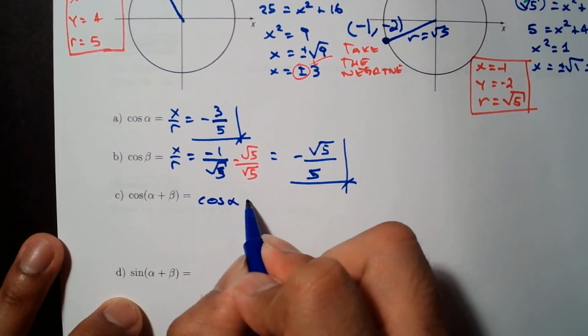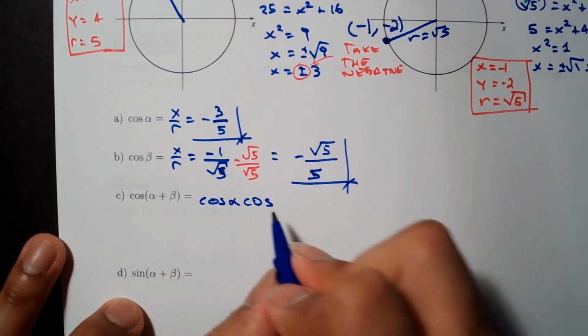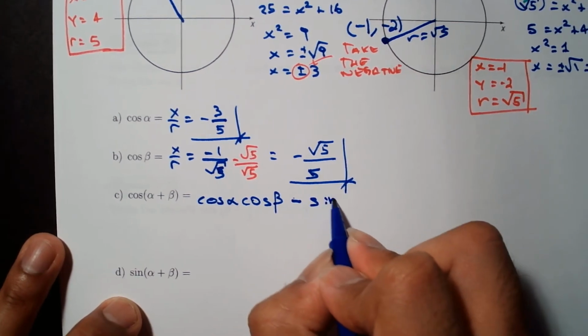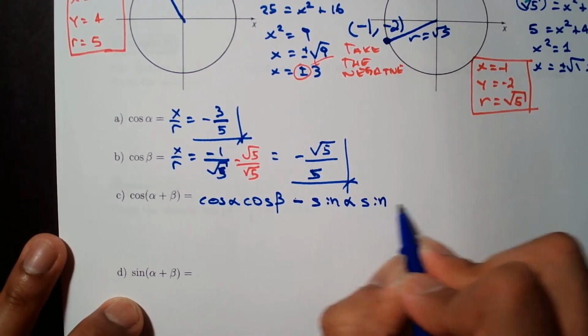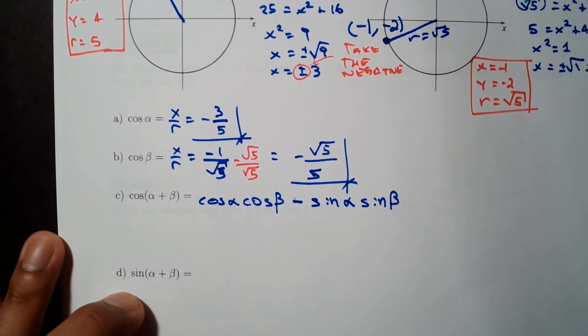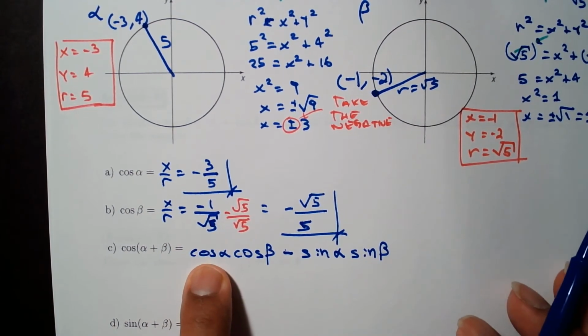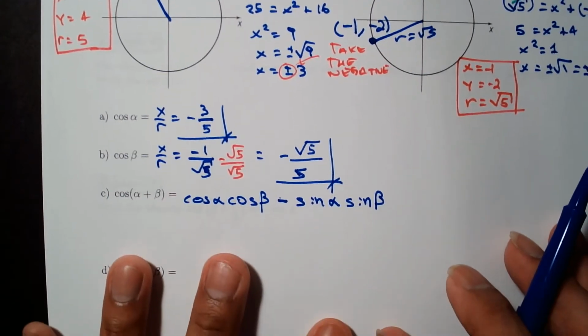Cosine alpha, cosine beta, minus sine alpha, sine beta. Okay, now what's cosine alpha? Cosine alpha, we already had it from the step before.